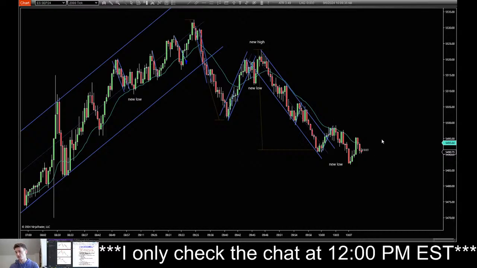And it looks like we are continuing to reject off the EMA. So we might want to switch biases and start thinking, okay, this is okay to start taking some shorts.